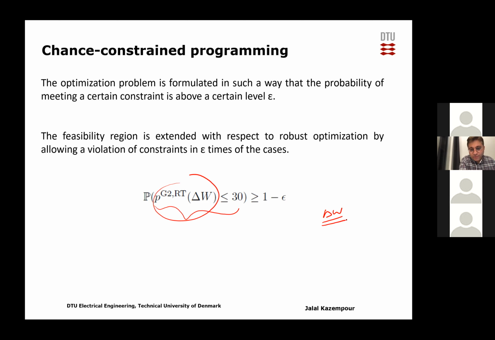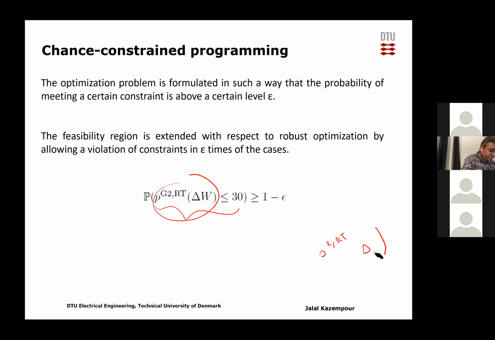It's our forecast error or mean deviation in real time. All our variables, including the adjustment of G2, are a function of our forecast error. So delta omega is the source of uncertainty, and this is a variable, right? But delta omega now is a continuous probability distribution. It's not sampled by a set of scenarios anymore.